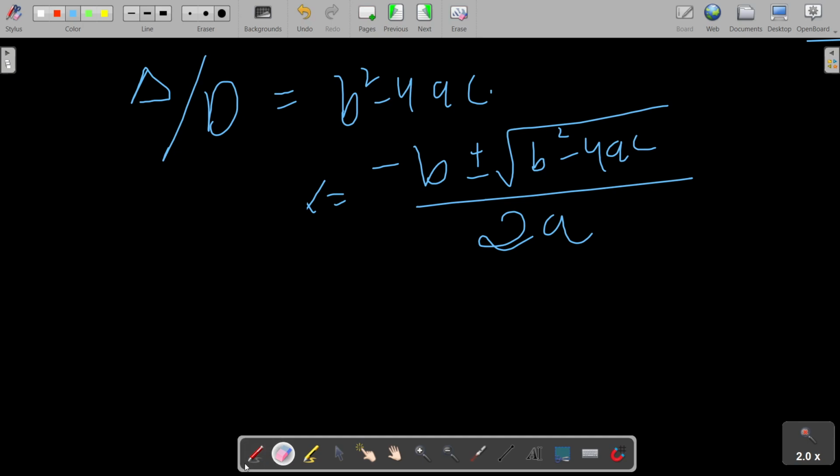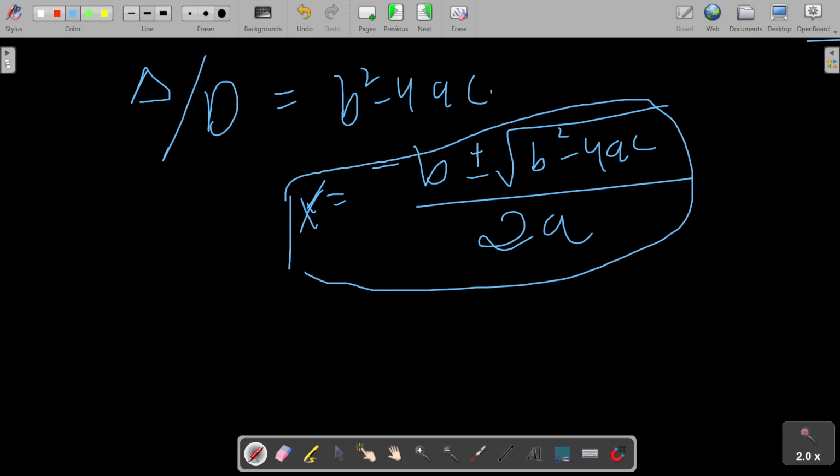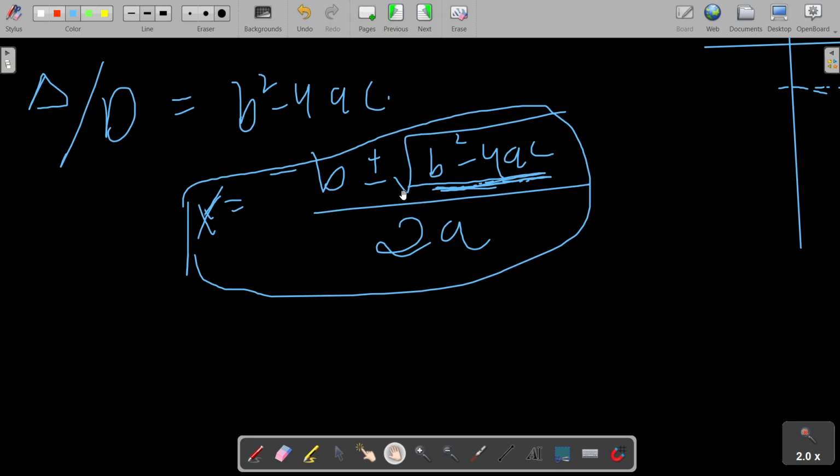This is the x value for the quadratic equation, and this term here is known as the discriminant of the quadratic equation. As we can see, this is under the root, and if the value under the root is positive, then it is real.